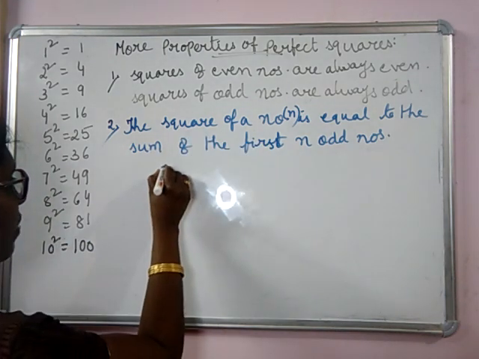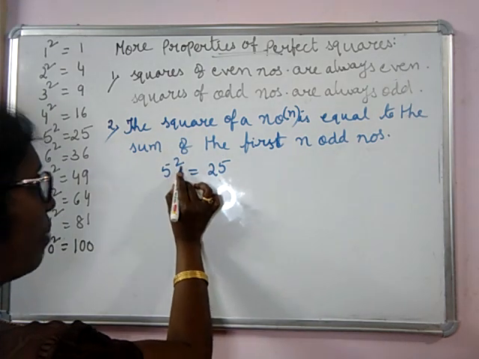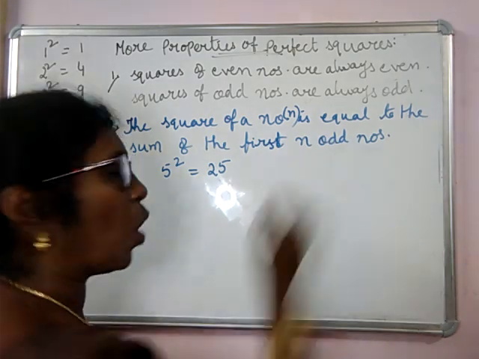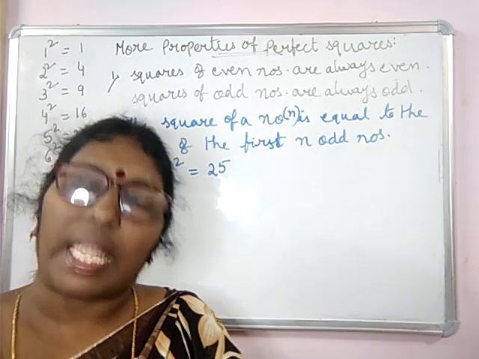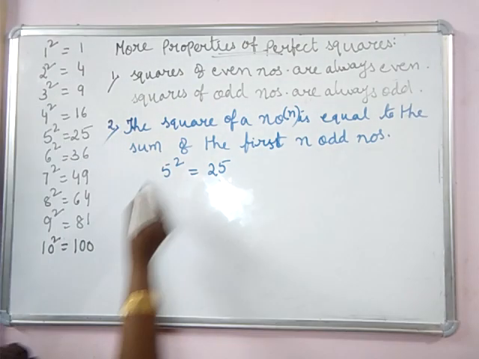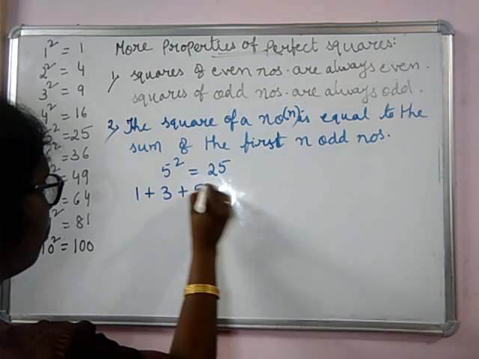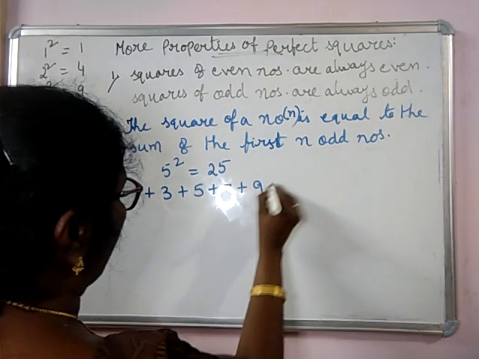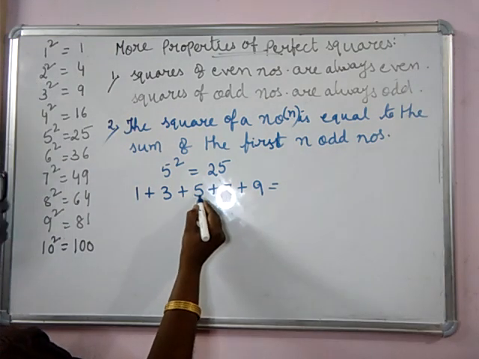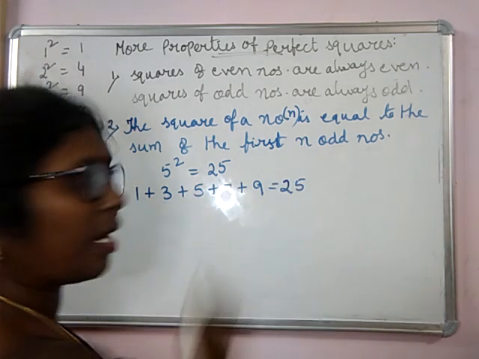You know that 5 square is 25. The square of n means 5 square is equal to the sum of the first 5 odd numbers. The first 5 odd numbers are 1, 3, 5, 7, 9. Let us add and see. 9 plus 7, 16. 16 plus 5, 21. 21 plus 3, 24. Plus 1, 25.